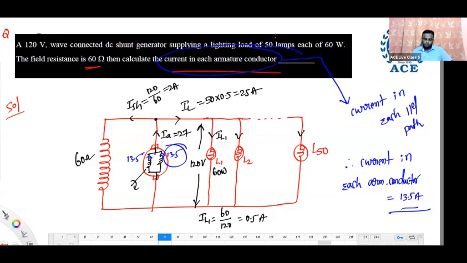Completed, all of you? 13.5, because it is a sum. What is IA? IL plus ISH. ISH is 2, IL is 25. 25 plus 2, 27. That's why. Okay.